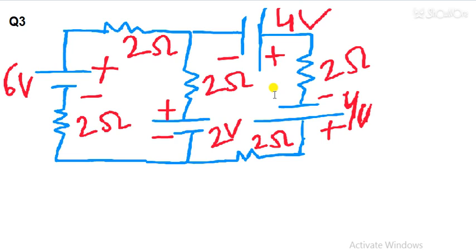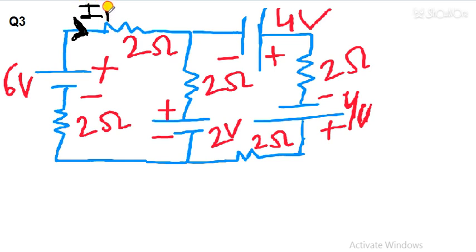So basically what I can do here, I will take the direction of currents according to the battery, let's suppose. Here I am taking the direction of I1. So I suppose I1 current is flowing in this direction. I am just supposing it.